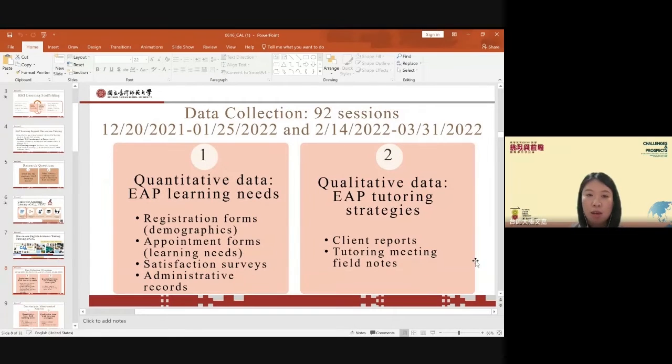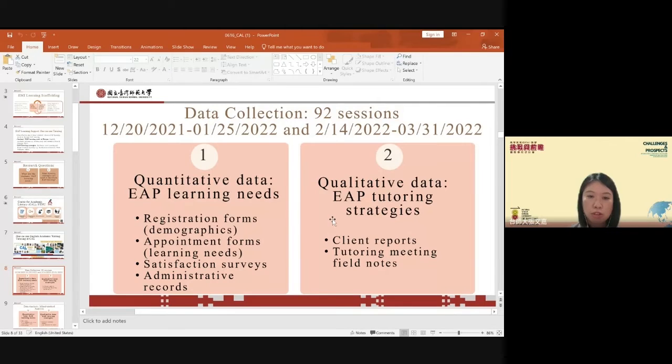For the data, we collected one month from last semester and the first month of this semester. So the data is still ongoing. We're still collecting more data throughout the semester. In this particular study, we focus on the 92 writing sessions during this time period. We collected quantitative and qualitative data to answer the two research questions.